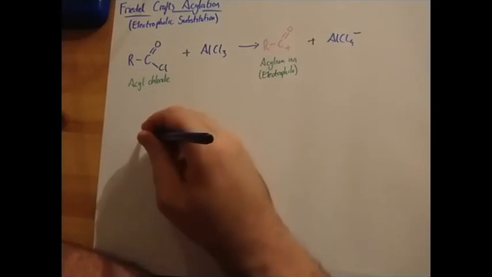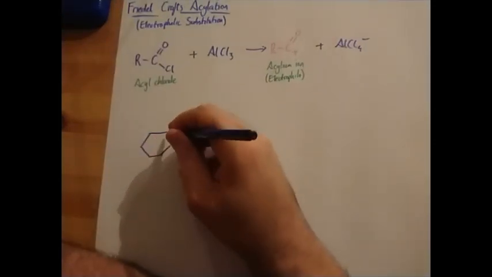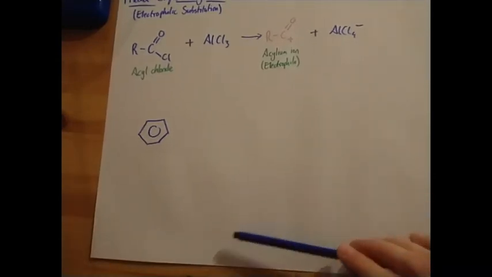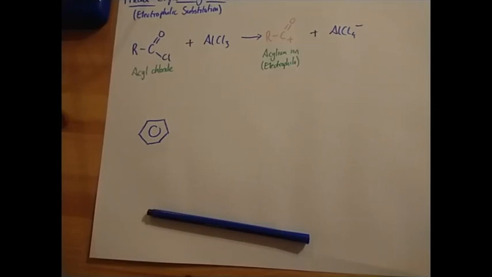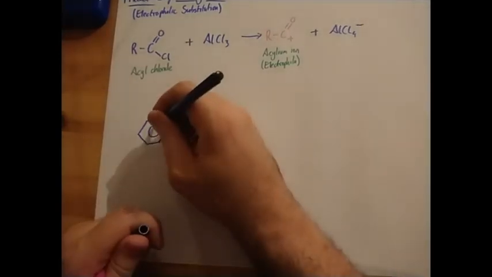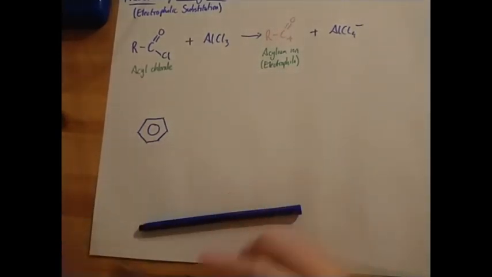So now we can actually do the reaction. Let's have a nice benzene. Don't forget to put your circle in the middle. If you do forget to put your circle in the middle, you will lose a mark because you've drawn cyclohexane, not benzene. Now, we need to actually connect that ring up to make it slightly more accurate.